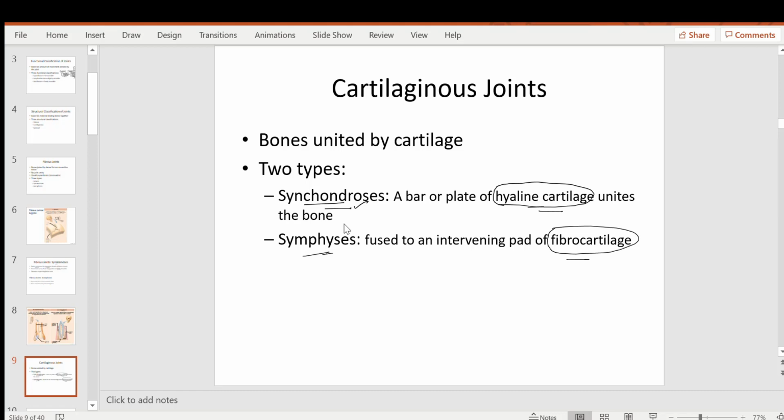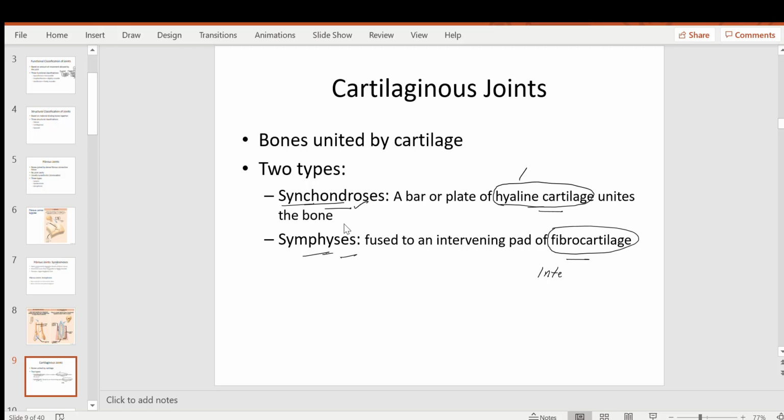A good example of synchondrosis is your first rib articulating with the manubrium of the sternum by a hyaline cartilage. So that joint is a synchondrosis joint. Symphysis: intervertebral discs, where the bodies of two vertebrae are connected by fibrocartilage.